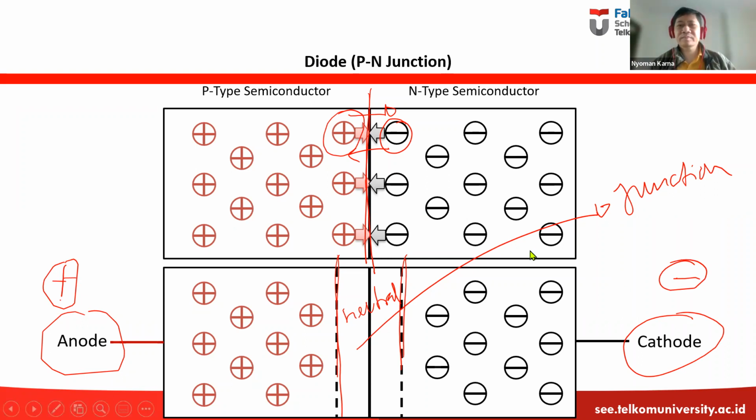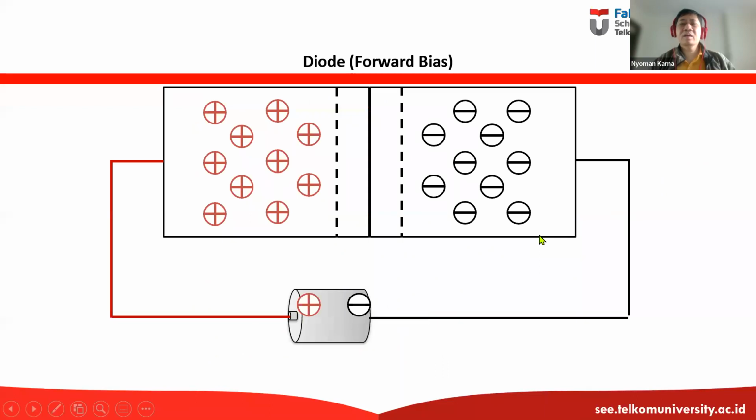Now, how about if we connect the anode to the positive part of the battery, and the cathode to the negative terminal of the battery? What will happen?